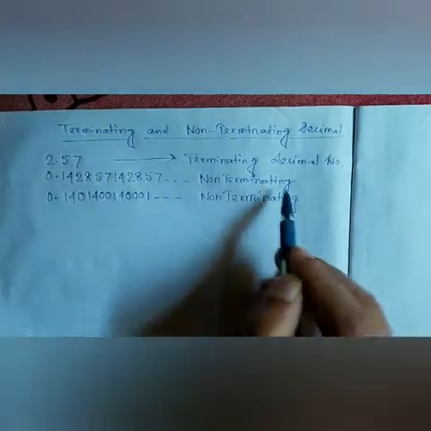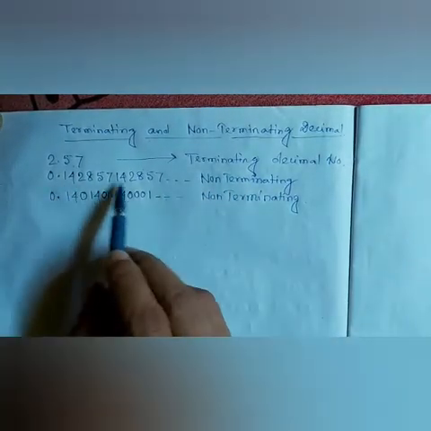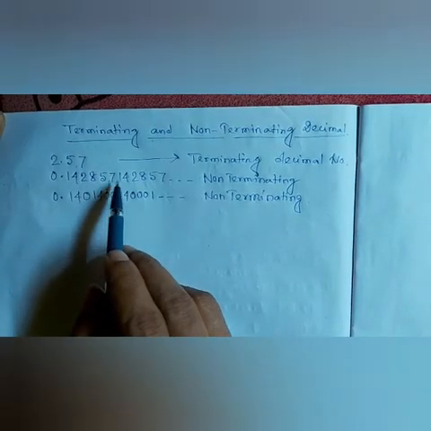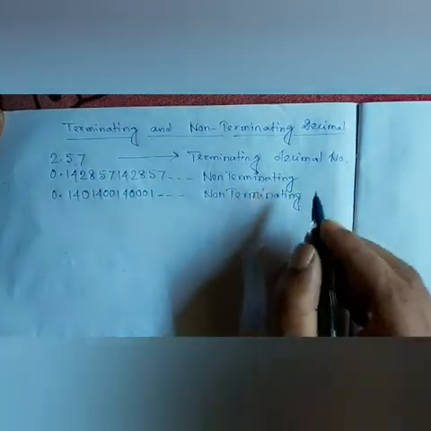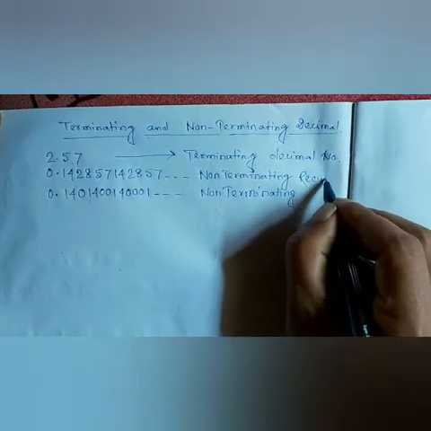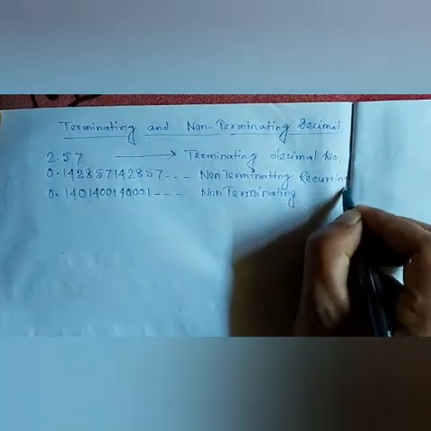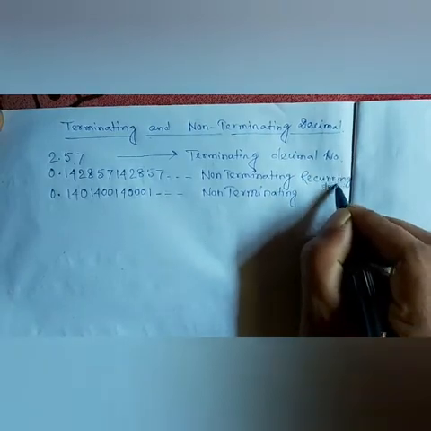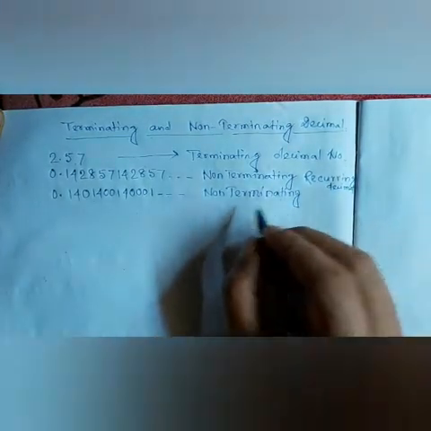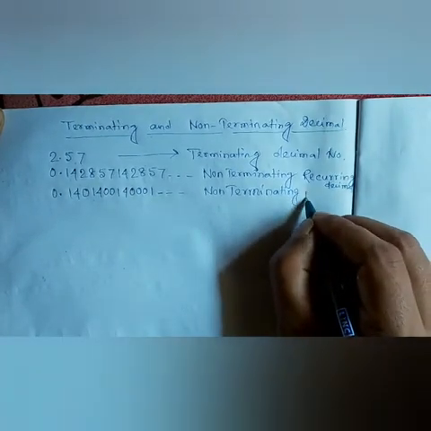Both decimal numbers are non-terminating, but in the second the repetition occurs, that means 142857, 142857, that's why this is called a non-terminating recurring decimal. And here the repetition is not present, that's why this one is non-terminating non-recurring.